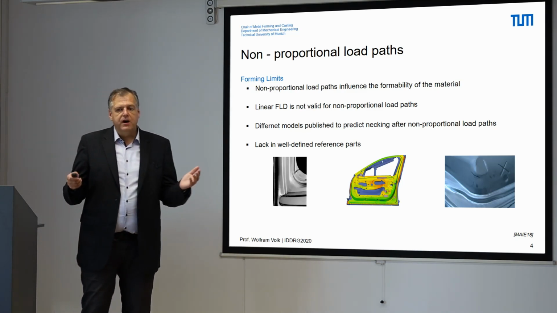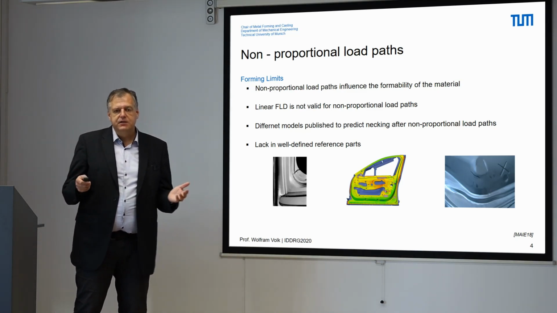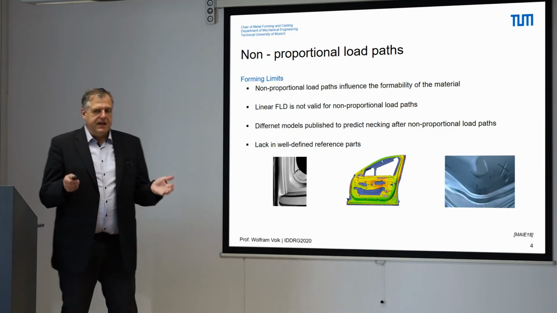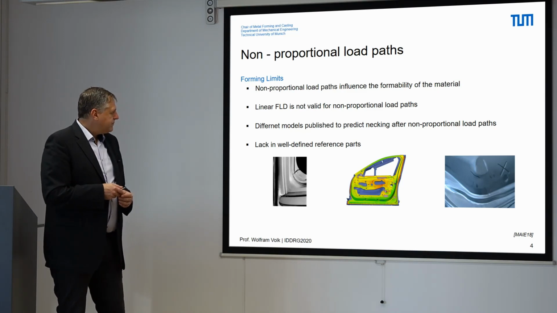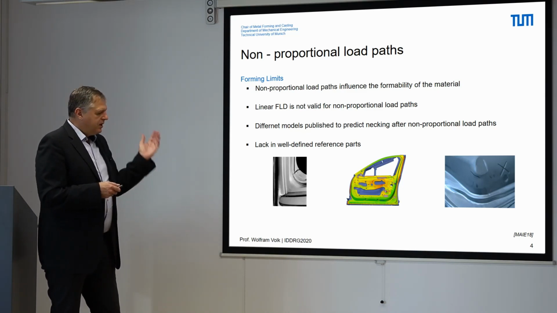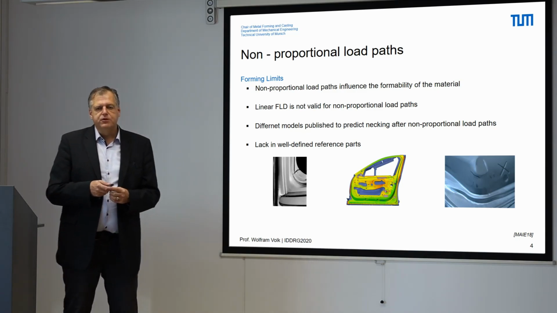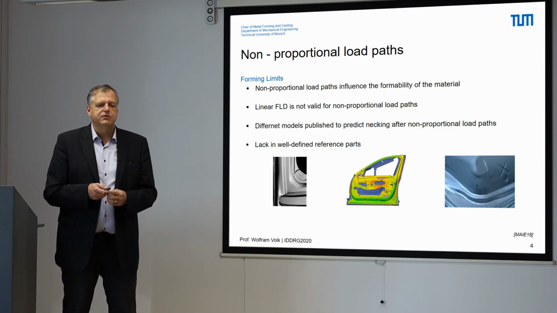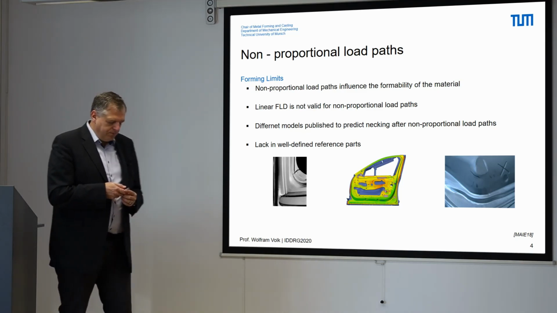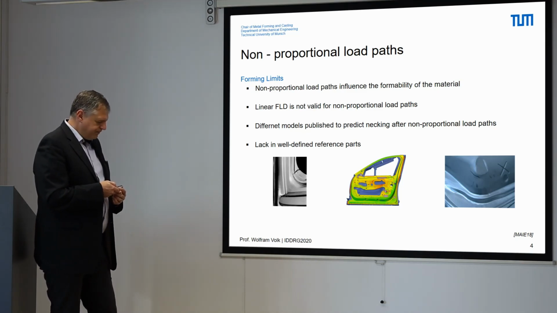So far, many different models exist to overcome this problem. We have a set of models which was proven also for parts produced in real industrial applications like door inner or other parts.